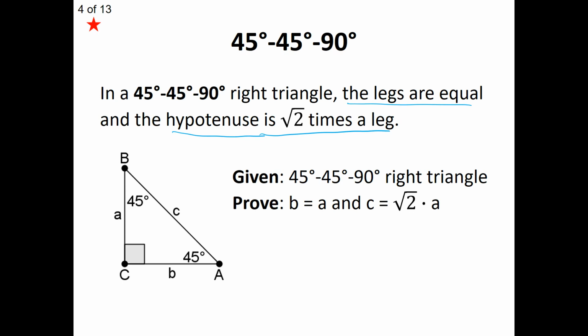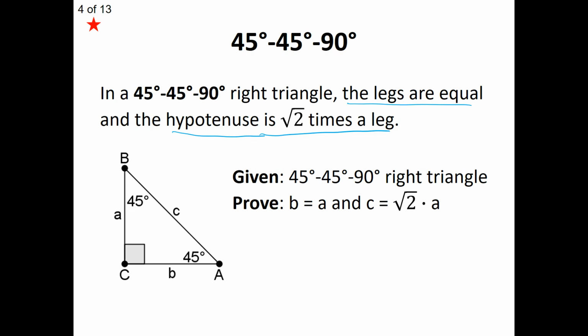So let's take a look at our given and prove statements. We start off with a 45-45-90 right triangle, and we're going to first prove that B and A are equal, so the two legs of the right triangle are equal. Then we're going to prove that C is equal to the square root of 2 times A. We could also have proved that C is equal to the square root of 2 times B, because in this case A and B are equal. What's special about the 45-45-90 is that if you're only given one side, you can find the other two sides without even having to touch the Pythagorean theorem.